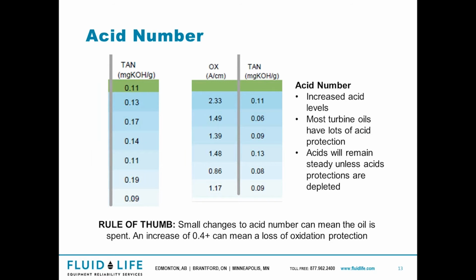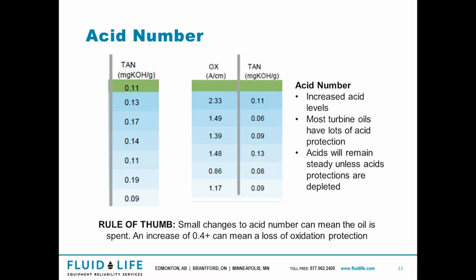Acid number is the next aspect we're going to look at here. Generally, it's going to stay very low. A large increase in acid number, or even a small increase in acid number, could mean that you're running out of your oxidation protection. The main thing that a turbine oil experiences is oxidative stress. And so when you have increased oxidation, it's going to increase your acid levels.